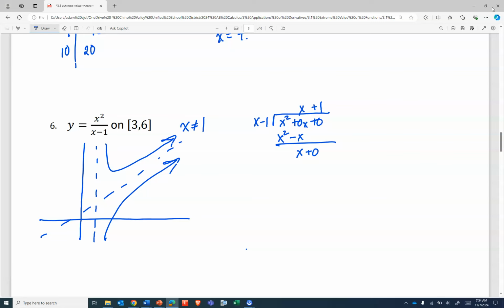Well, let's think about what happens maybe at x equals 2 would be the best spot. 2 squared is 4, over 4 minus 1 is 3. That's going to be up here, 4/3. And we also knew the graph was equal to 0 at 0. Okay, so on 3 to 6, this graph is definitely continuous.